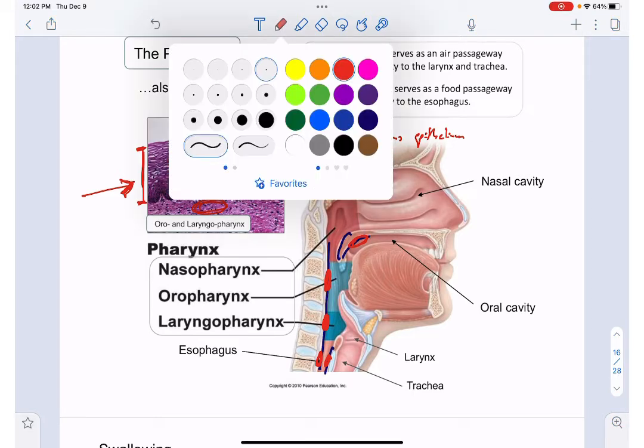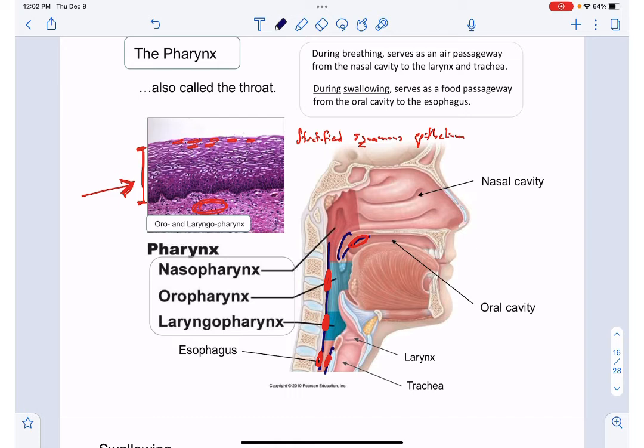And my next question is, why does stratified squamous epithelium line the oral cavity, the oropharynx, the laryngopharynx, and also the esophagus? What purpose does this epithelium provide? It provides protection, and specifically physical protection.